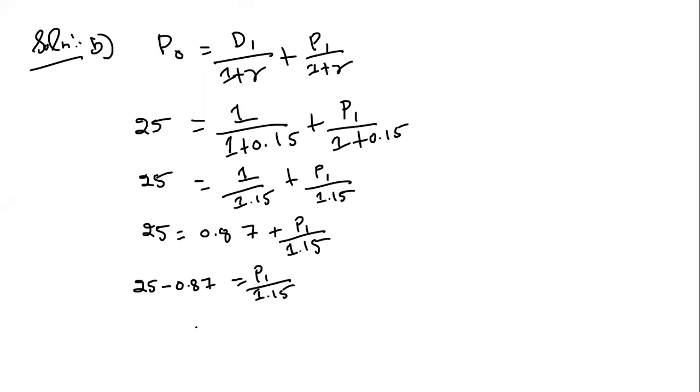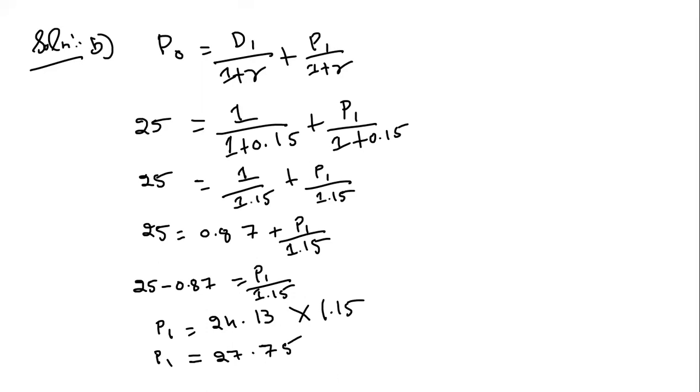So P1 is equal to 25 minus 0.87, which is 24.13, multiplied by 1.15, which is equal to 27.75. So the price at the end of the year is 27.75.